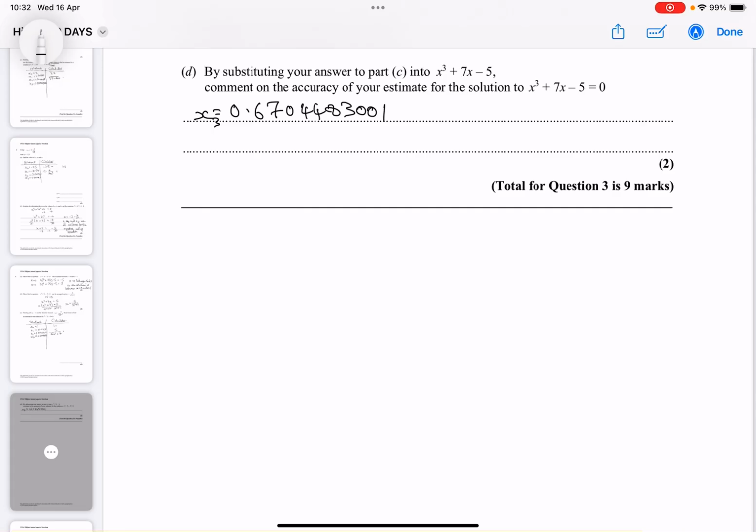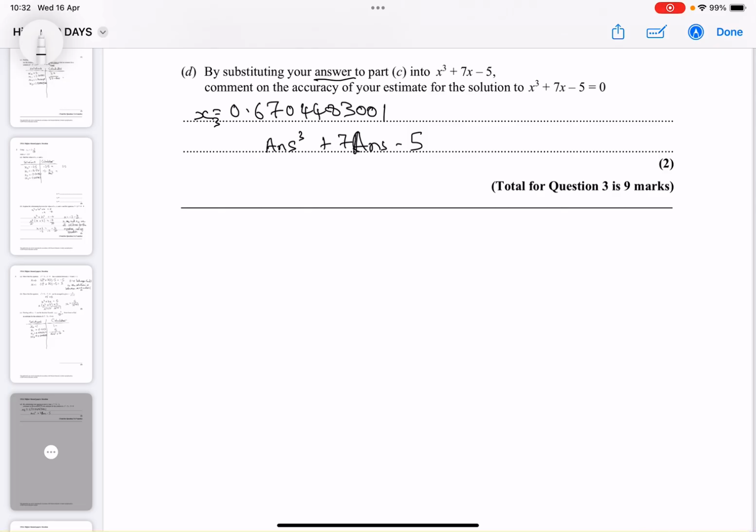I've got that as an answer, so it says by substituting your answer. So there's the answer. I'm going to substitute my answer by doing this: ans cubed plus 7 ans take 5.